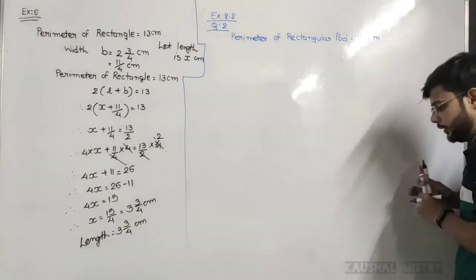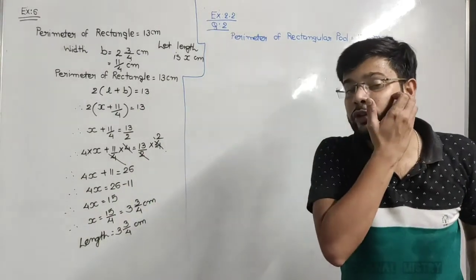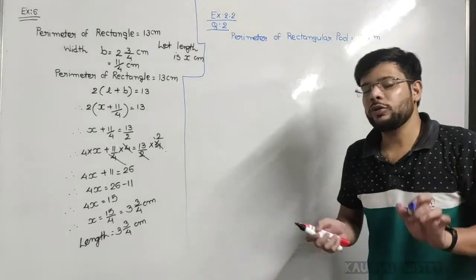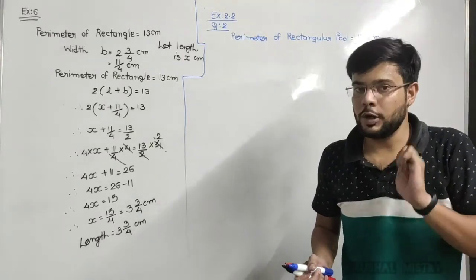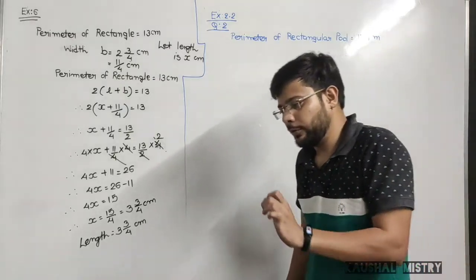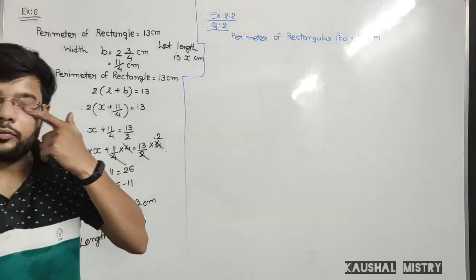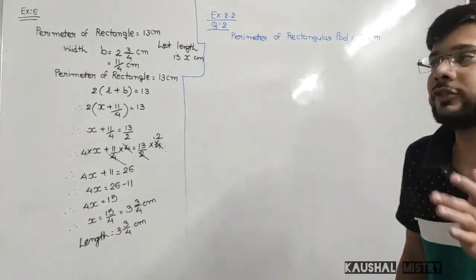Now it says that its length is 2 meter more than twice its breadth. Now we know that in every rectangle, breadth will be smaller. So in this type of sum, if two dimensions are given, then the one dimension which is the smallest, we have to assume as x.